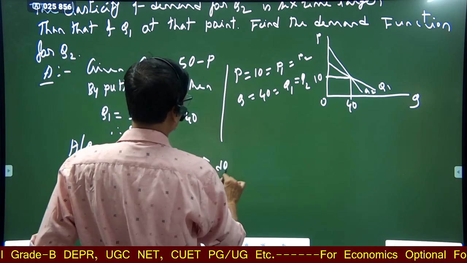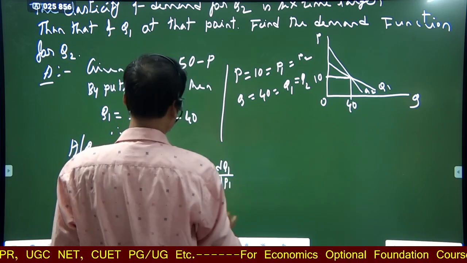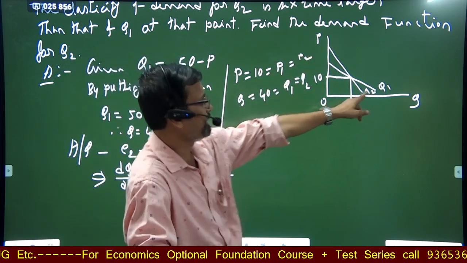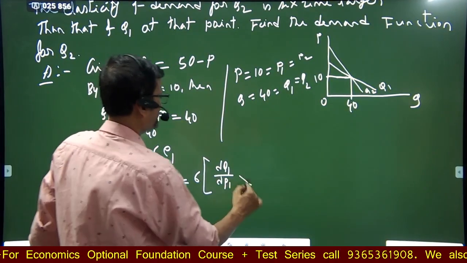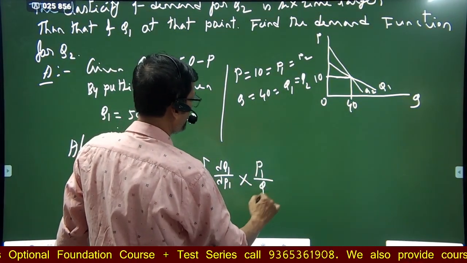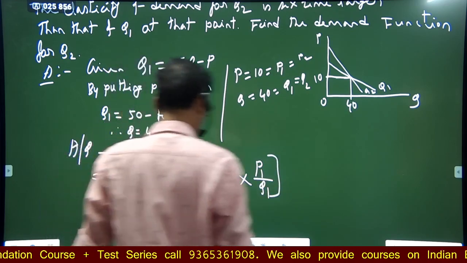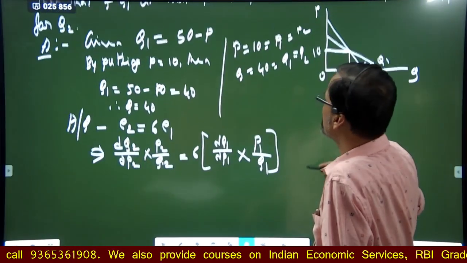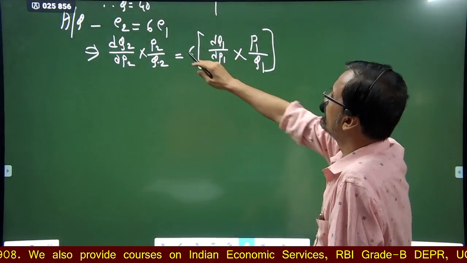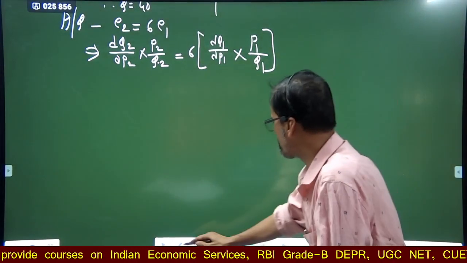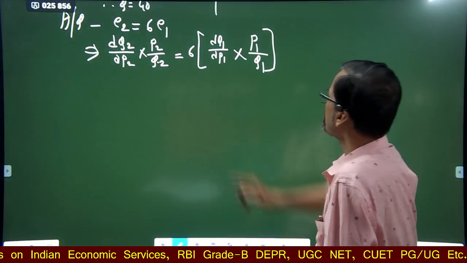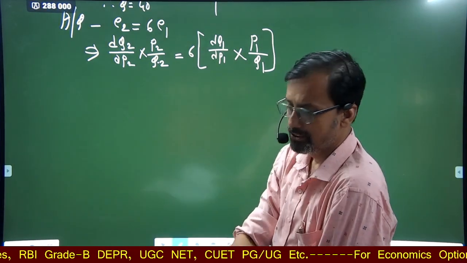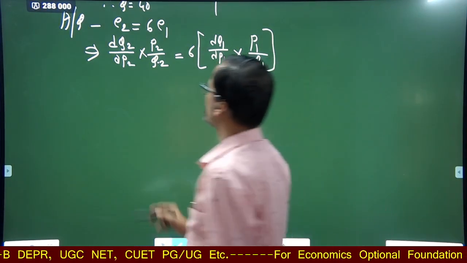Similarly, dQ1 by dP1, the differentiation of demand function 1 with respect to P1, times P1 by Q1. We just convert this into the elasticity format.